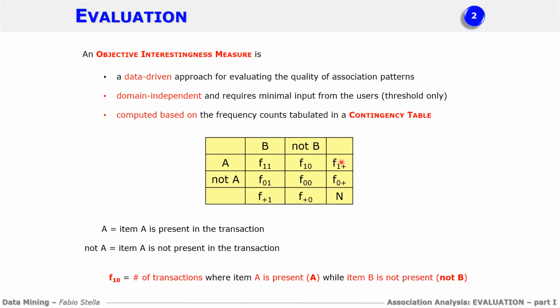However, the elements that are associated with F1+, F0+, F+1 and F+0 have a particular meaning. In particular, F1+ is the support count for the item A, while F+1 is the support count for the item B. And we remind that capital N is the number of transactions of the transaction dataset.